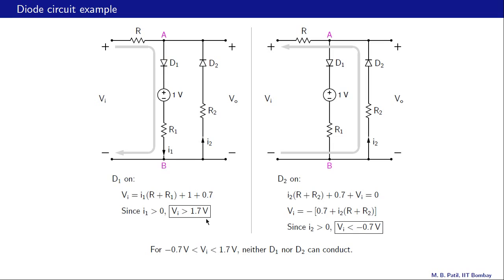So we have Vi greater than 1.7 volts when D1 conducts, and Vi less than minus 0.7 volts when D2 conducts. And in between these two limits, that is for minus 0.7 volts less than Vi less than 1.7 volts, neither D1 nor D2 can conduct.